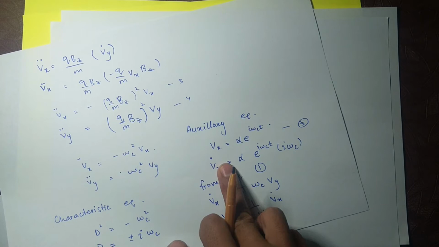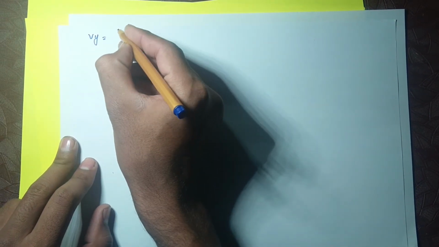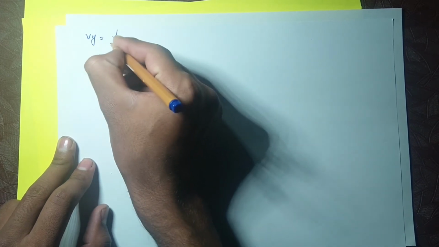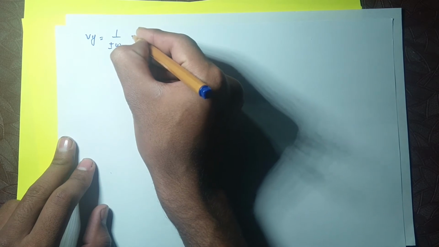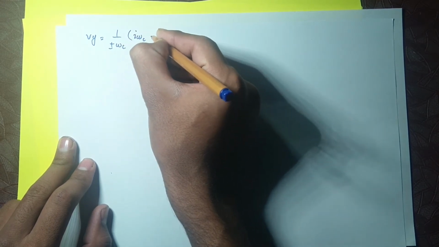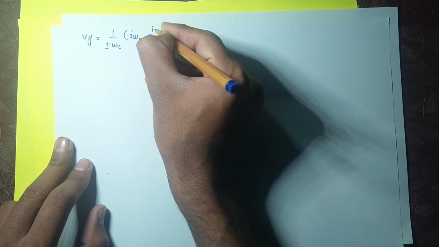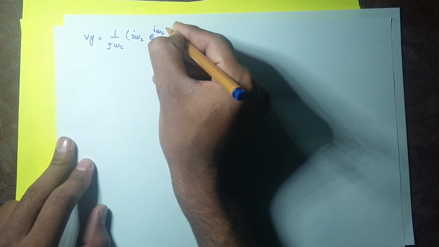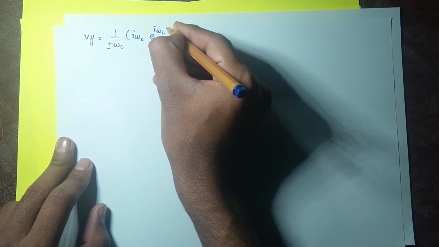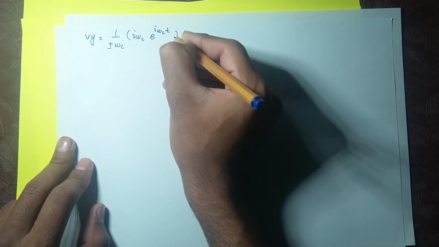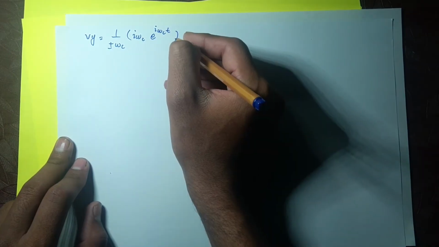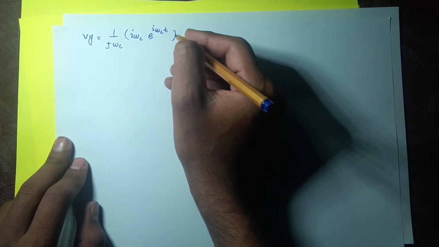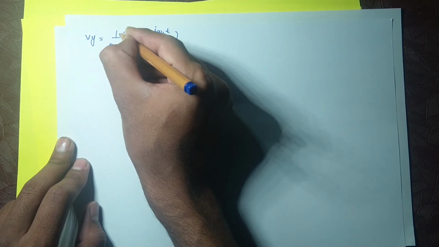When we put the value of v x dot here, we get v of y equals 1 over plus minus omega c into iota omega c e power iota omega c t, with alpha here.